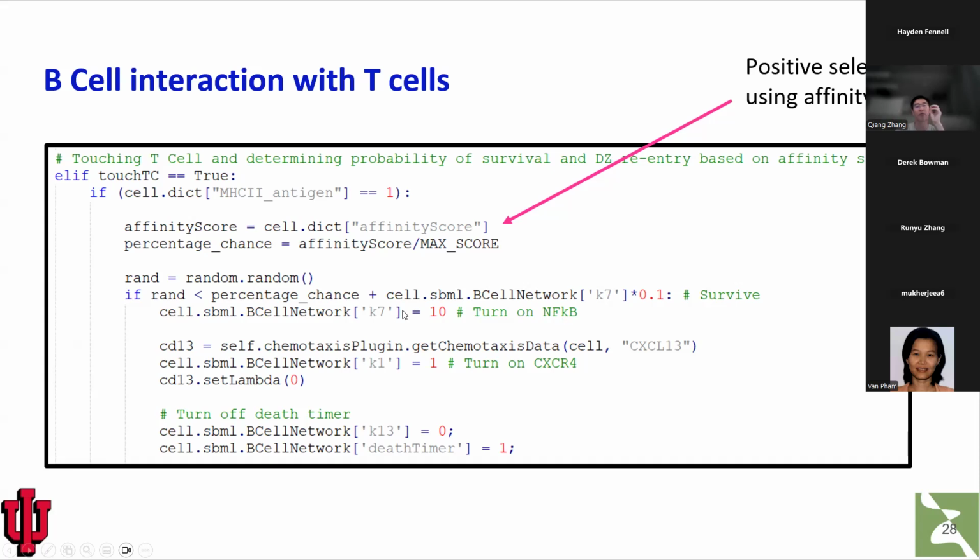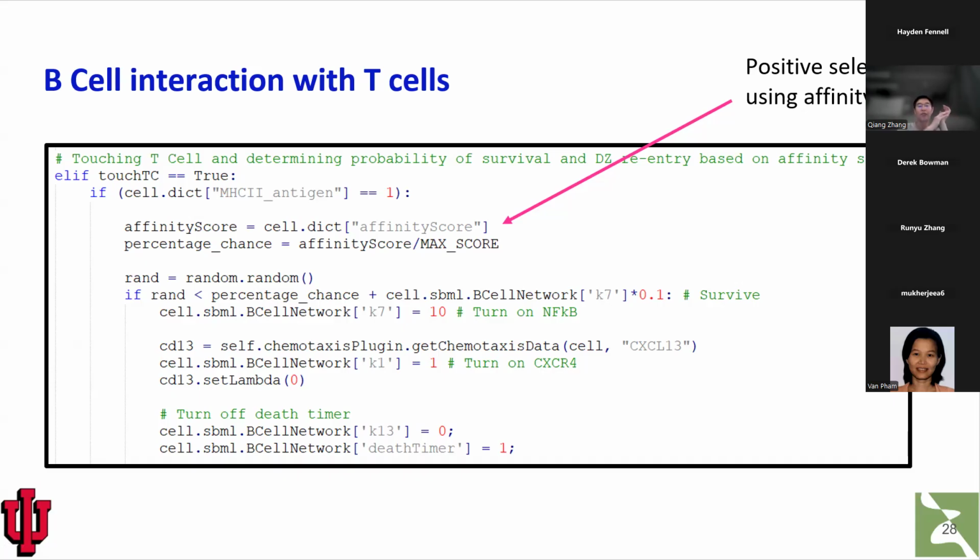We're assigning the production term of K7 to 10. As a result, the NF-kappa B will become activated, and that in turn will also trigger the expression of CXCR4, which will be responding to the chemotaxis CXCL12 that's being expressed in the dark zone.